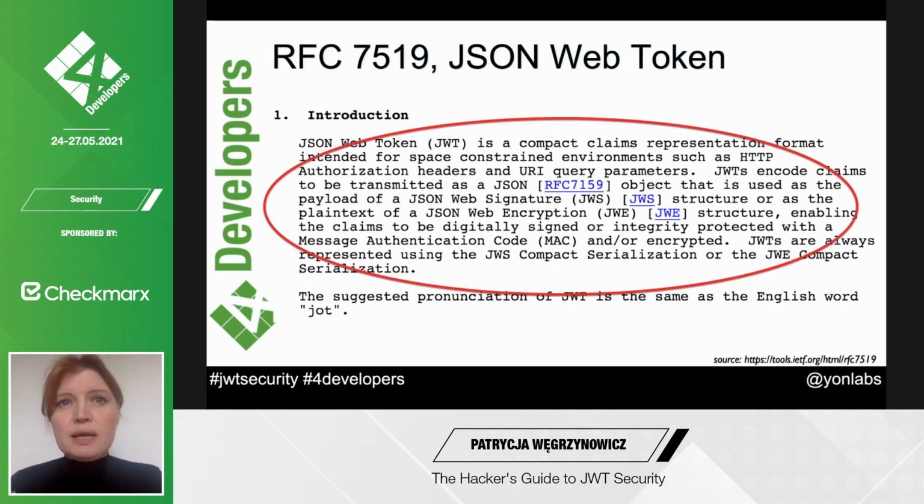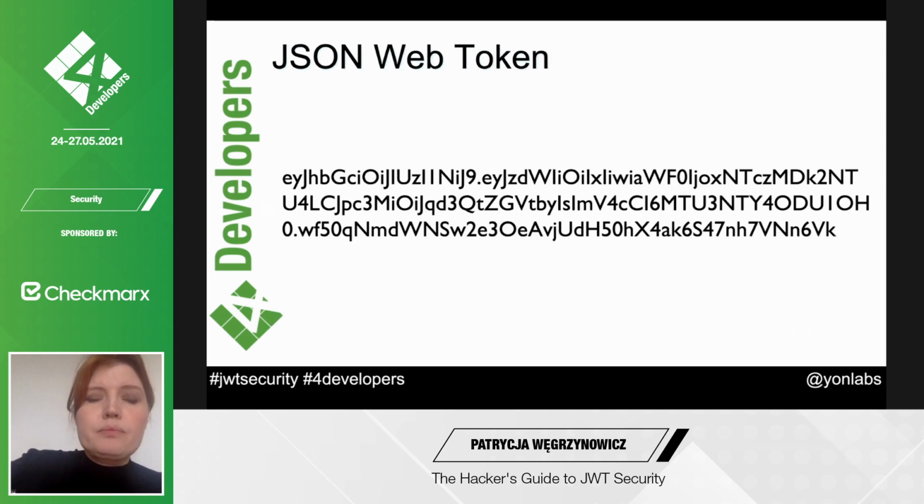So JSON Web Token is a set of claims that encode users' identity and usually users' permissions. It also consists of a digital signature to protect its content against tampering. It's always handy to take a look at some sort of an example.